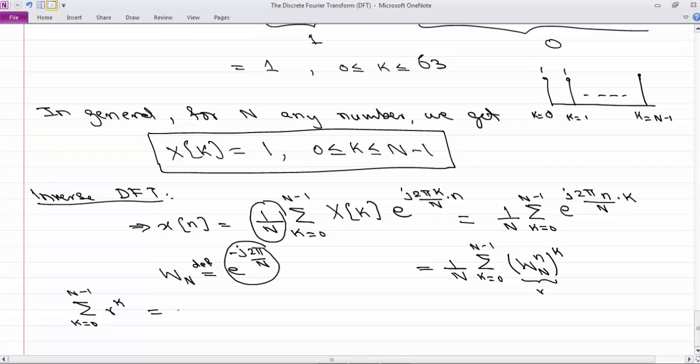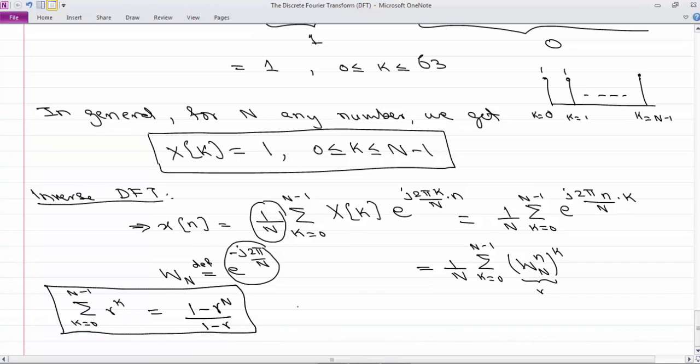That formula is given by, so this is incorrect, it's 1 minus r to the n over 1 minus r, right? Now this is your geometric sum formula.